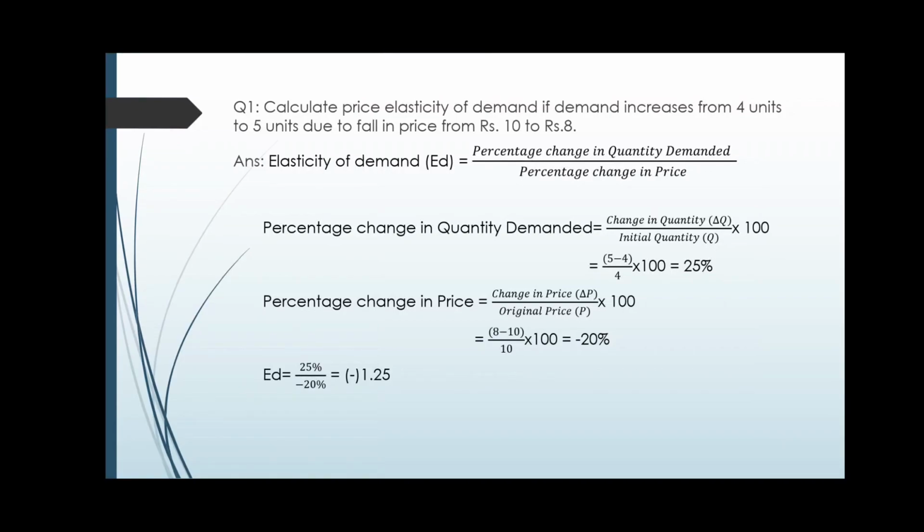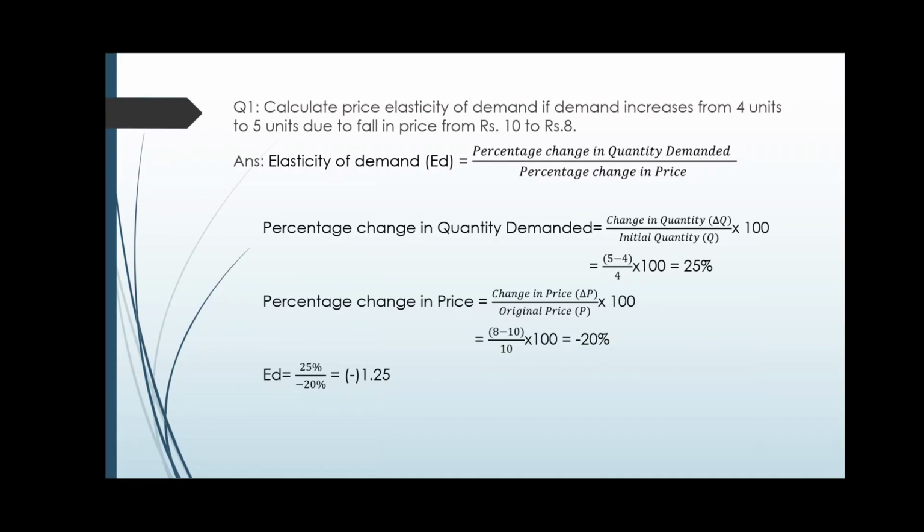Next you need to calculate percentage change in price. So for that you need to know what is the new price and the initial price. So the initial price was rupees 10 and the new price is rupees 8, because in your question it is mentioned that there is a fall in price from rupees 10 to rupees 8.